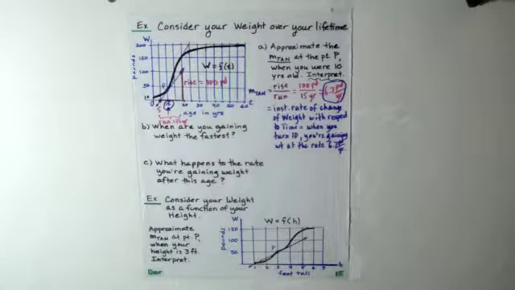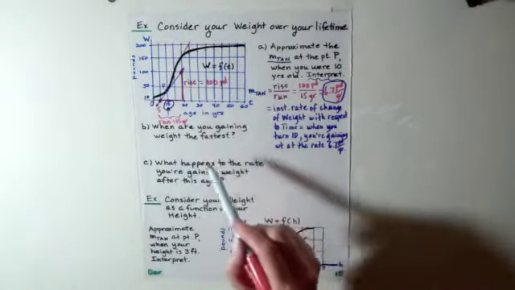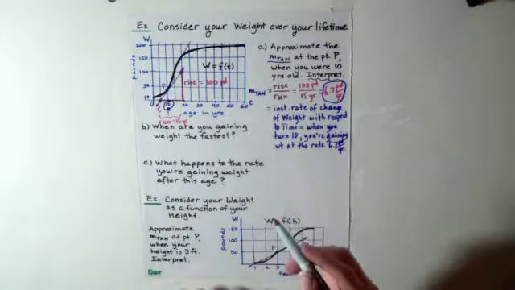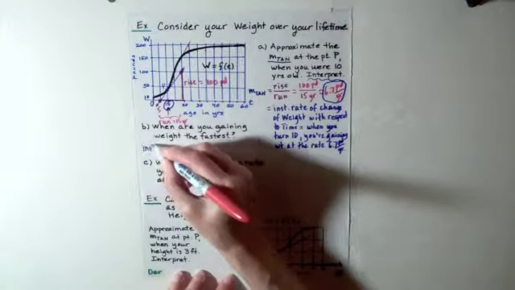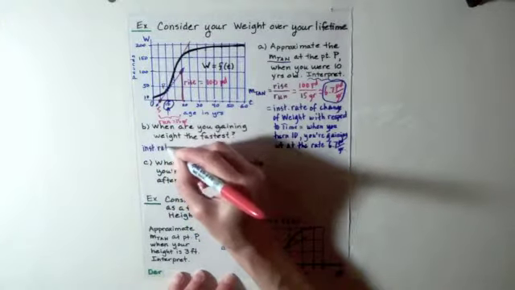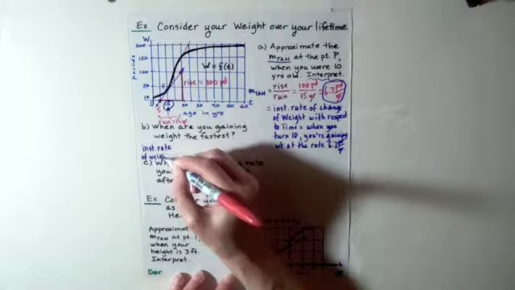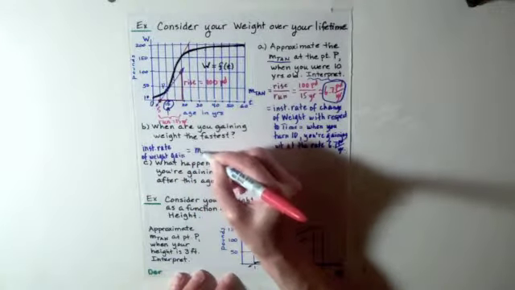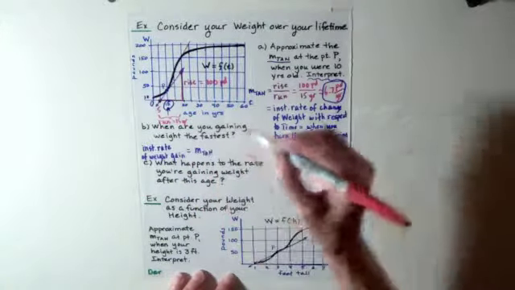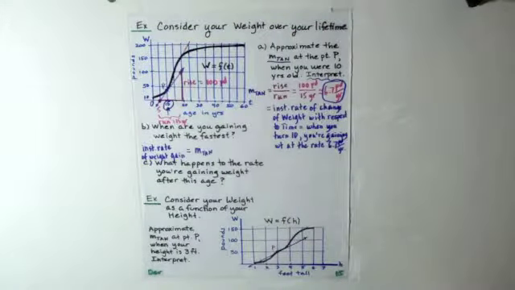Okay, let's go ahead and look at part B. Maybe you can think about it a moment yourself. We are going to be asking, when are you gaining weight the fastest? And remember that the rate that you're gaining weight, the instantaneous rate of weight gain, is the same thing as the slope of the tangent line to our black curve that represents W equals f of t.